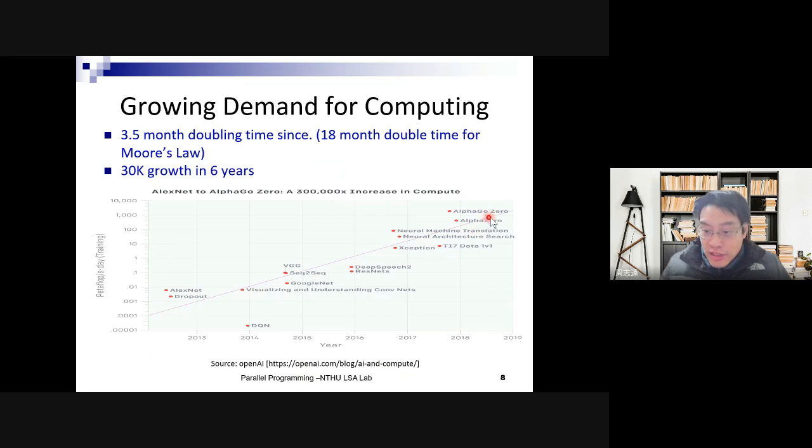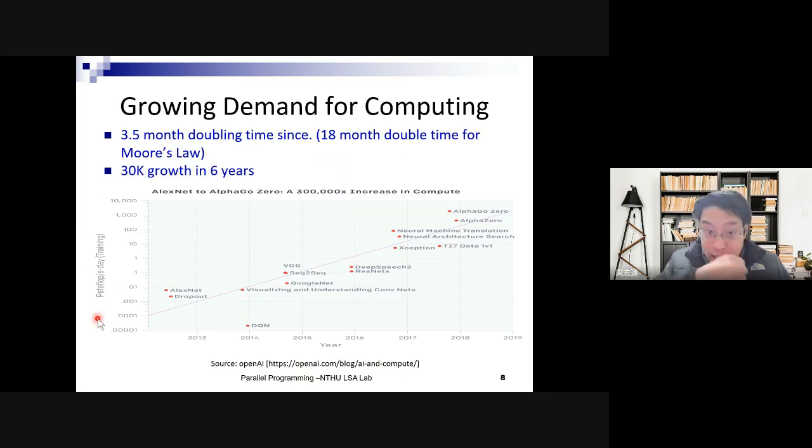So you can see this line shows until almost 2019. For example, AlphaGo Zero, right? The amount of computing power is already several times over AlexNet. The doubling time is actually 3.5 months. Every 3.5 months, you will double the computing demand.